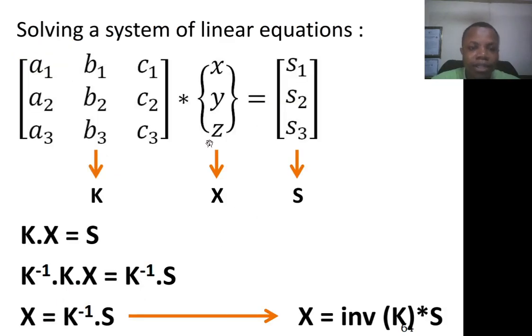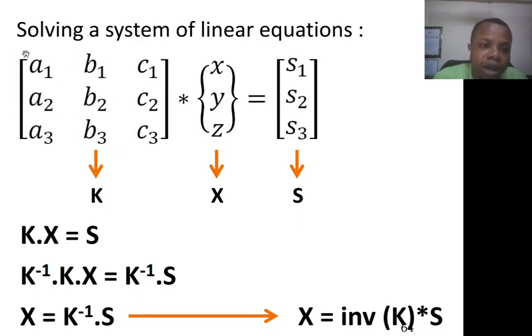Okay, now with this, let's see how we get to solve systems of linear equations. Now remember that any system of linear equations could generally be written in this form.